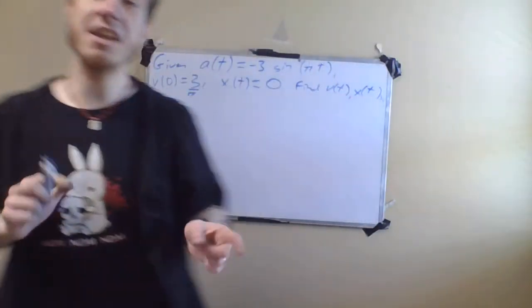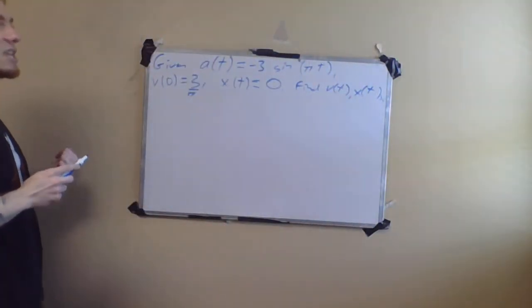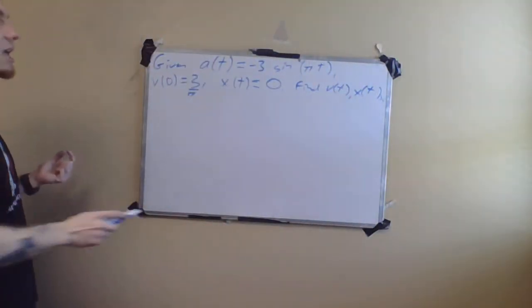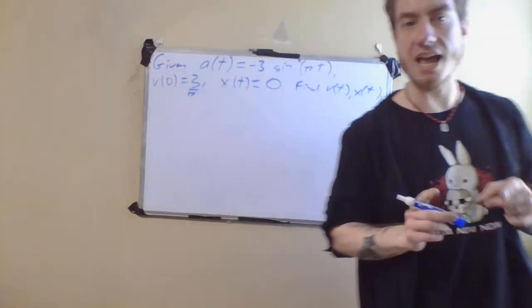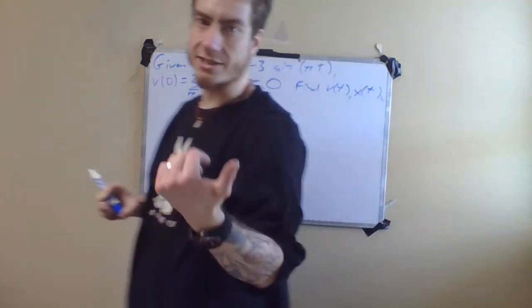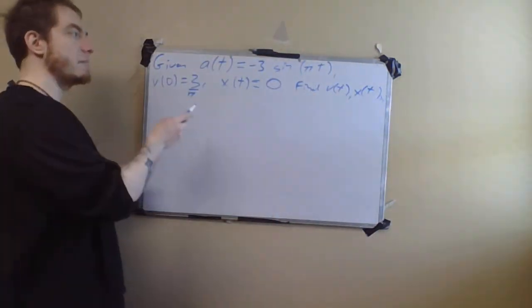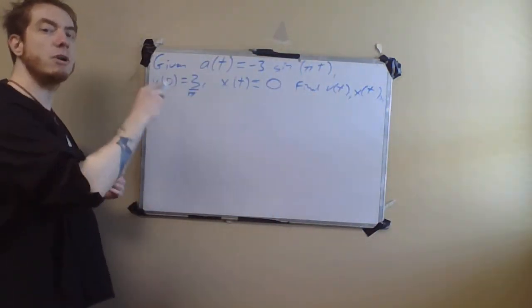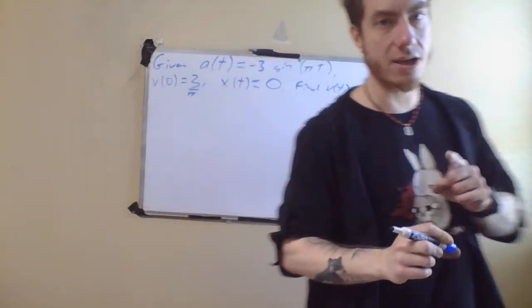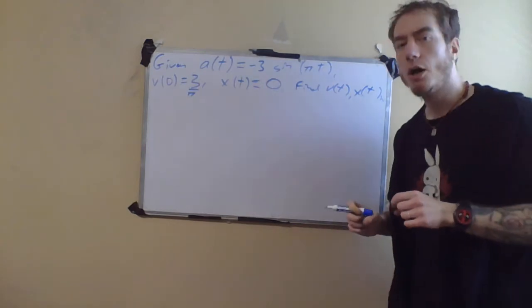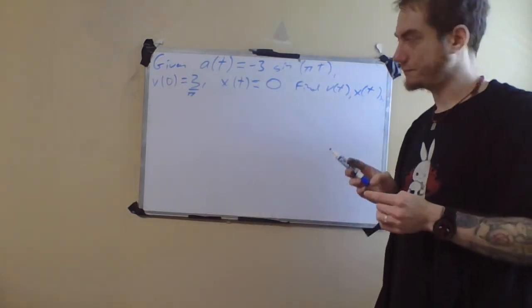Once I have v of t, I can use the fact that v of t is the derivative of x of t and do the same argument. So it's really the same problem as we just did, just done over twice. So what I'd like you to do is take a minute, pause the video, and see if you can solve this problem. It is trickier in some ways than the previous ones, but I think you might be able to handle it.